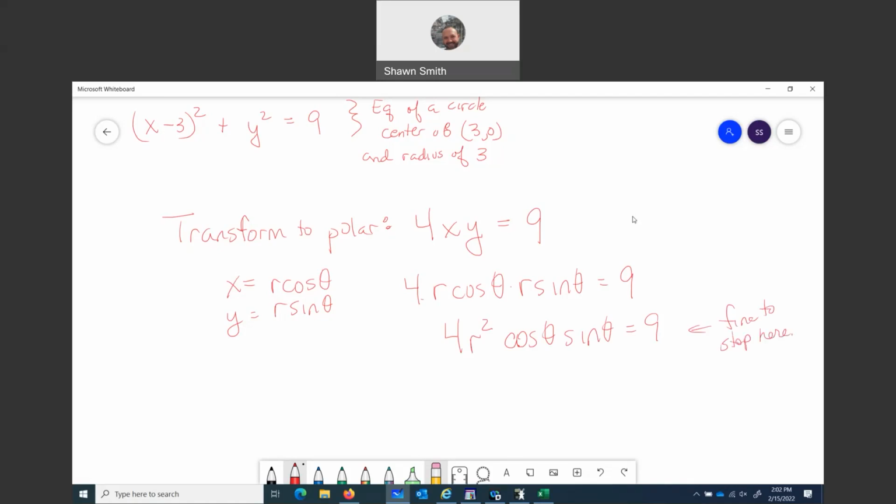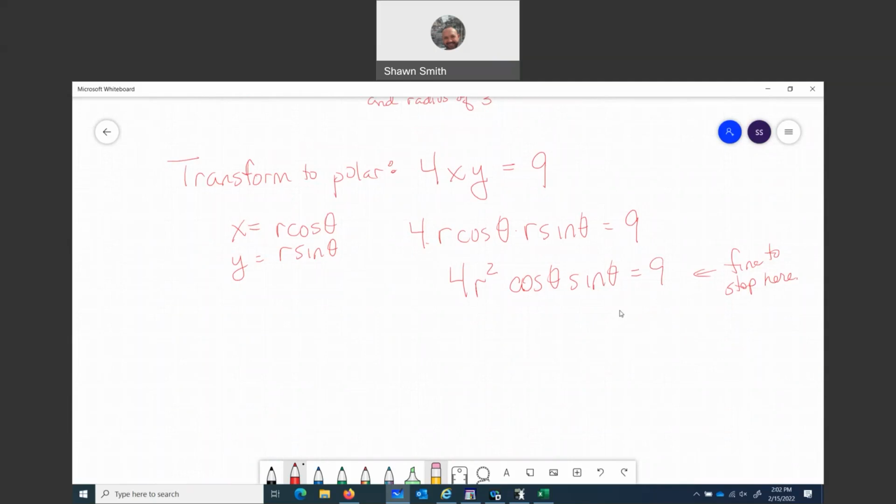But we could transform this into something else, perhaps. Usually you only have one trig function in there. 4 could be rewritten as something else, right? I could say it's 100 divided by 25, but I'm going to just say that's 2 times 2. Make it as simple as possible.